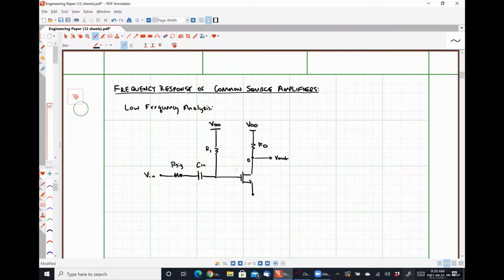So here's our drain, our gate, our source of transistor M1. We're going to assume that lambda is equal to 0 to make our math much less of a pain in the butt.